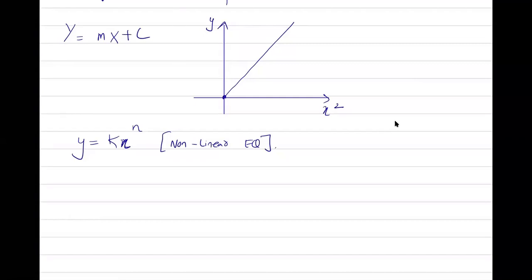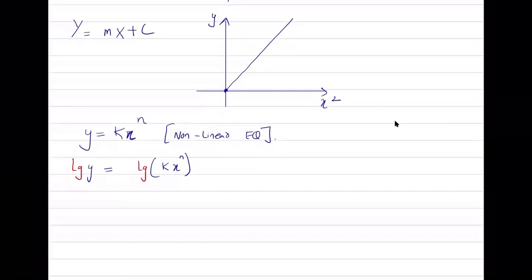So I can apply log to the base 10 that we call lg on both sides. We take log of y equals to log of kx to the power of n. That is the first step. And we are going to recall all the properties of the log. So on the right hand side, this is going to be the product rule.